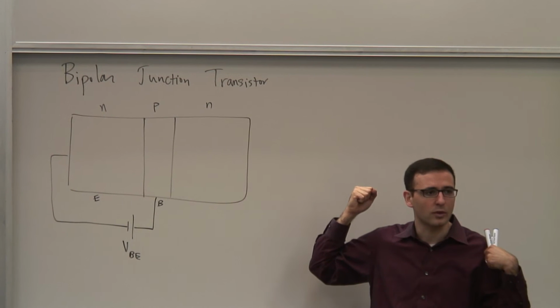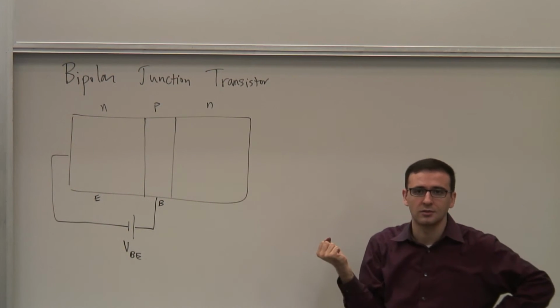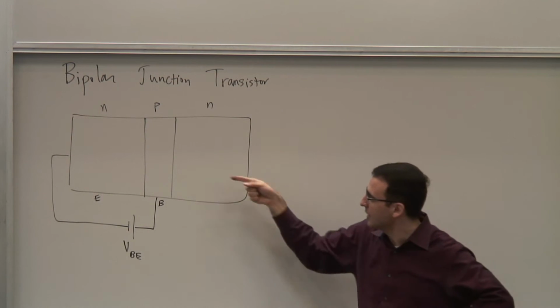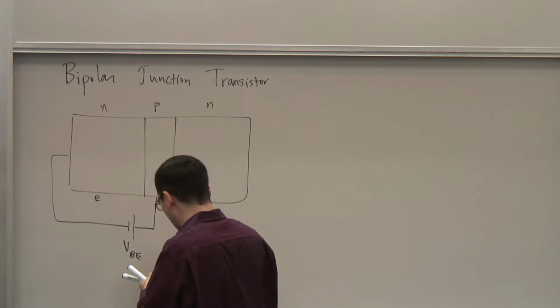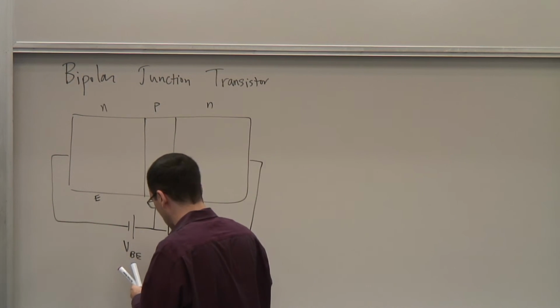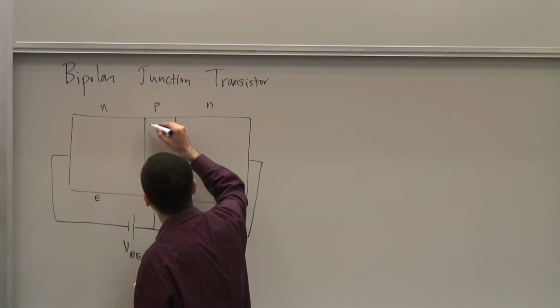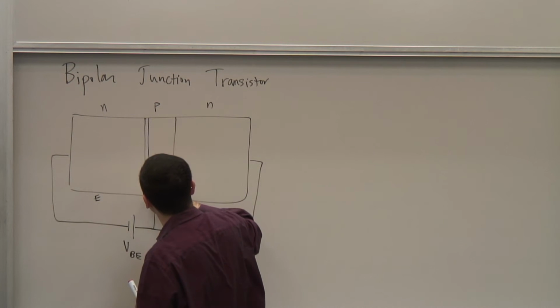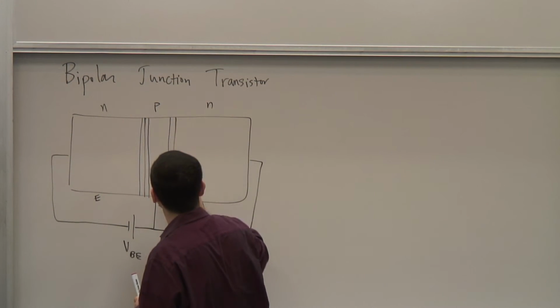Which way would that field point? The left or the right? To absorb them into this third region. To the left, right? Because the electrons are negatively charged, so I have to absorb them here. And for that to happen, I have to get this second junction reverse biased. So if you look at the depletion regions, there is a depletion region here, and there's another depletion region here.